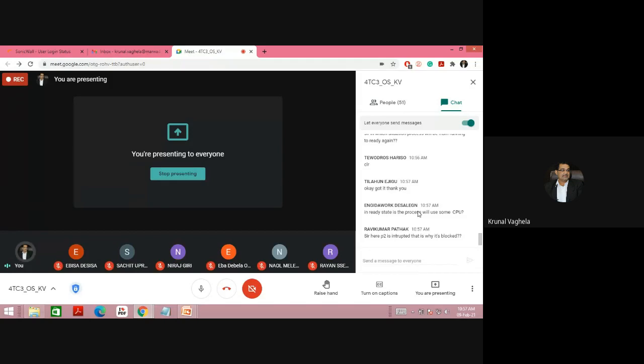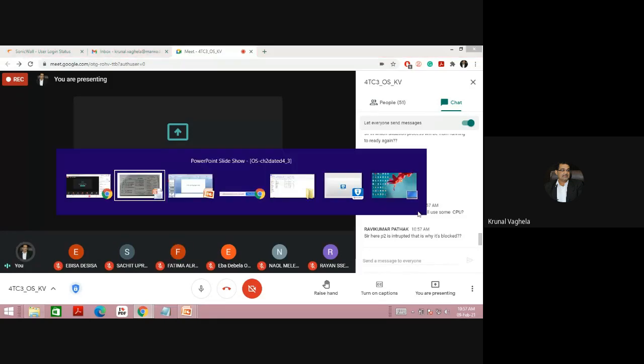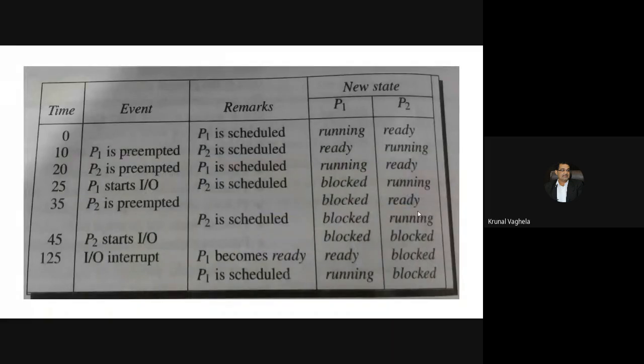Sir, here P2 is interrupted. Then why is it blocked? Where is P2 interrupted? The IO interrupt here occurs for P1, not P2. So P2 is still blocked, but the IO interrupt occurred for P1 only, so it went from blocked to ready.